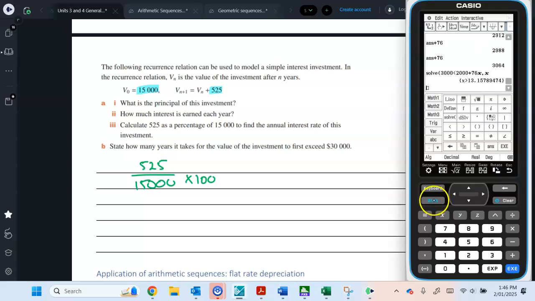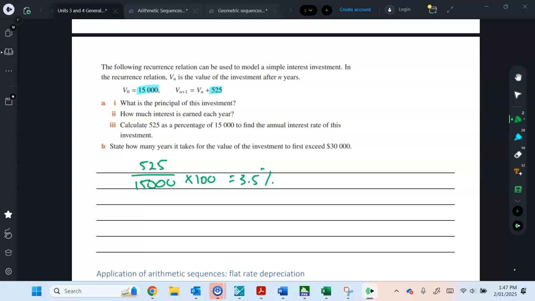We can just go shift, divide to get our fraction up, 525 over 15,000, times 100. There we go, and it's 3.5%.